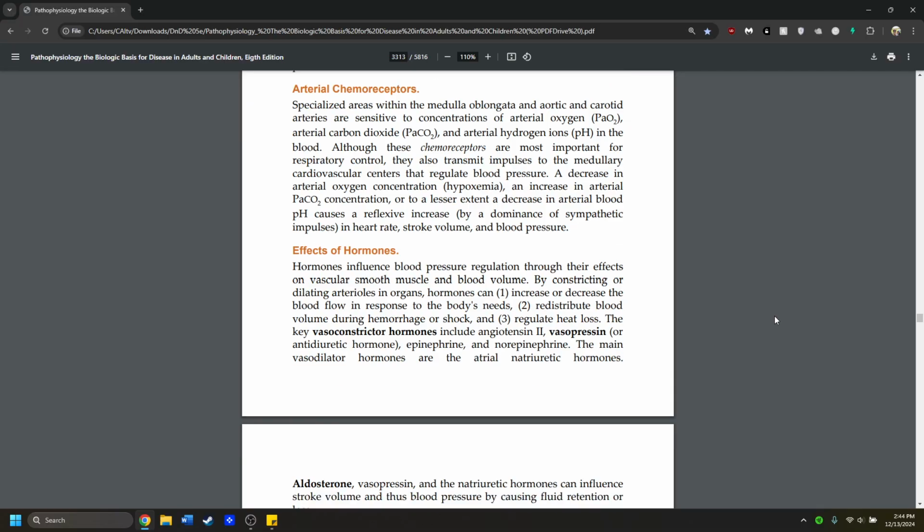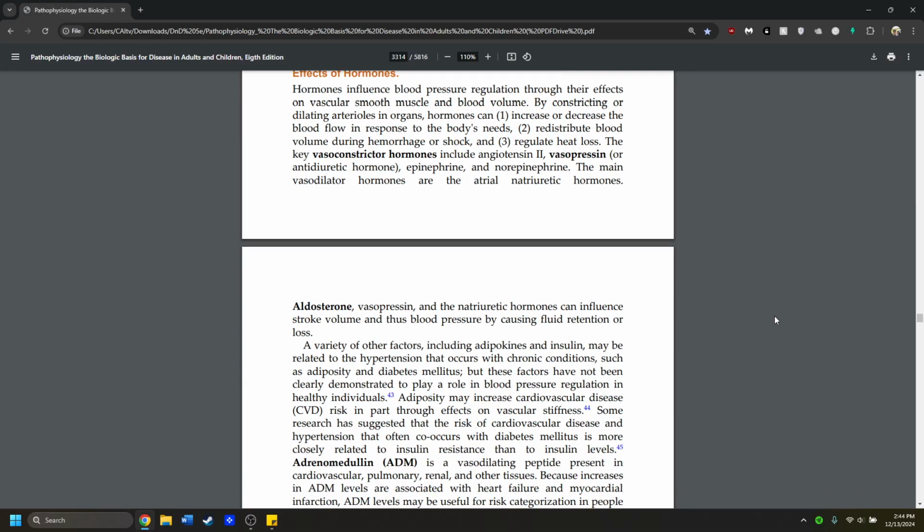The effects of hormones. Hormones influence blood pressure regulation through their effects on vascular smooth muscle and blood volume. By constricting or dilating arterioles in organs, hormones can increase or decrease the blood flow in response to the body's need, redistribute blood volume during hemorrhage or shock, and regulate heat loss.